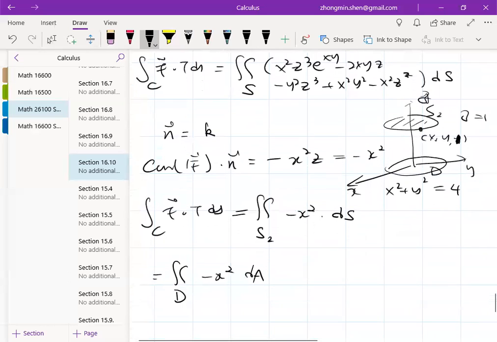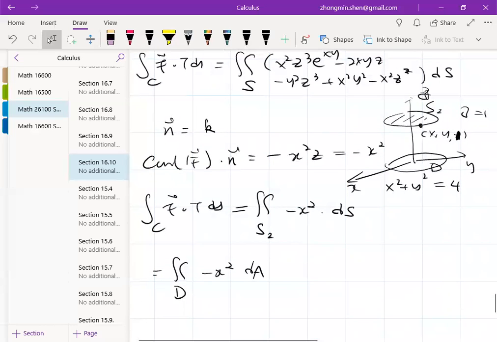Okay, if you use a Jacobian and a map, you get the same thing. So parameterize this disk in space, and if your parameterization is the trivial one, you can quickly get dS is just equal to dA, okay?